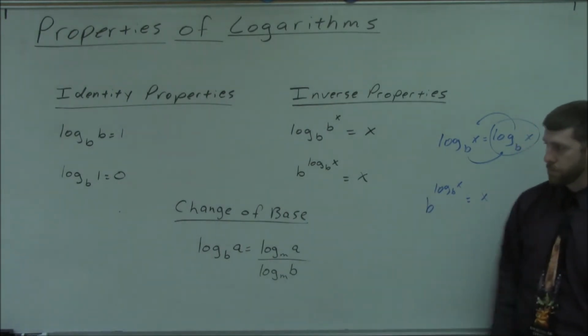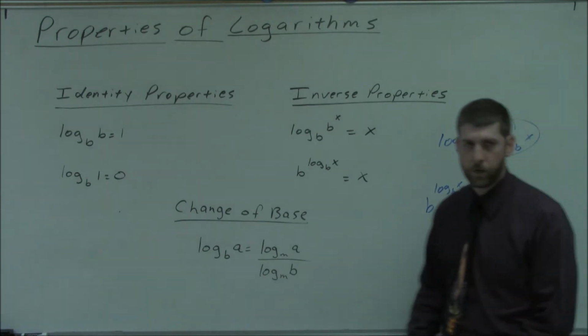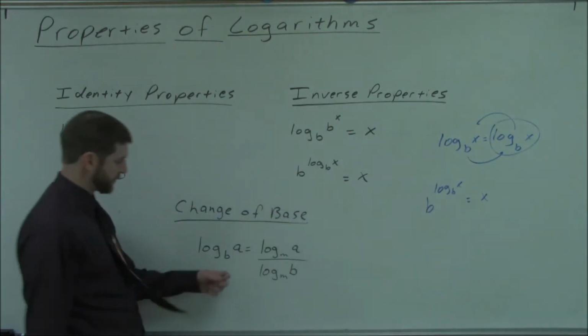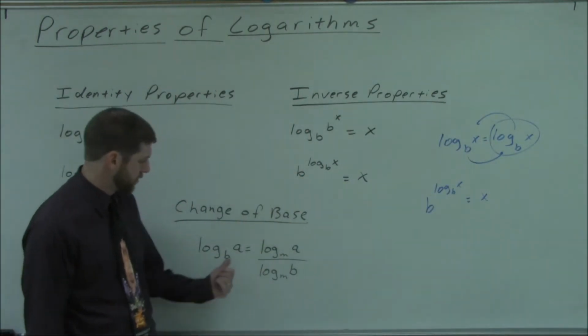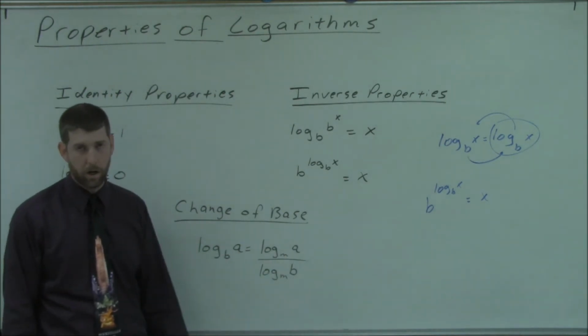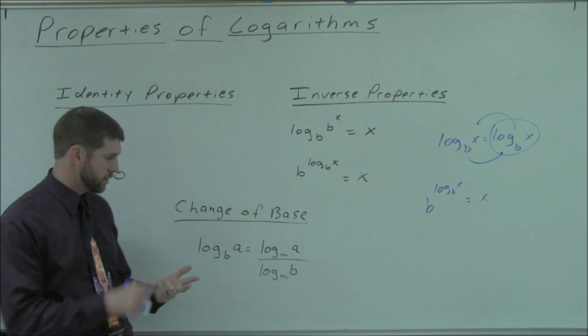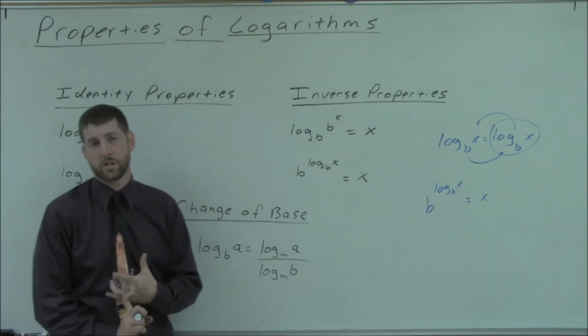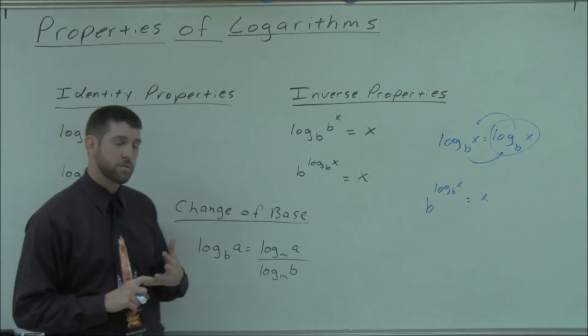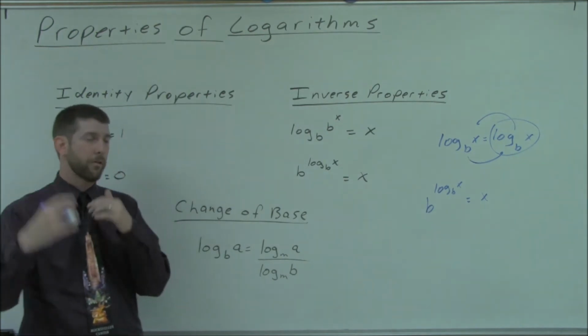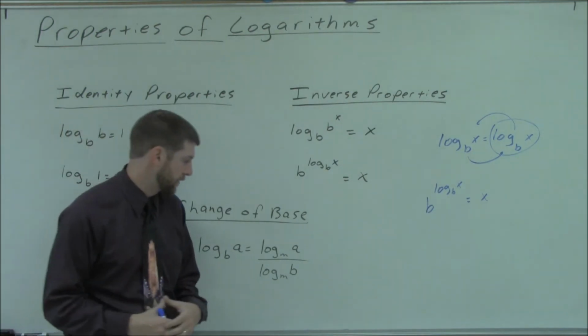Another very nice property is the change of base formula we have down here. What it says is, if I don't like this base right here, I can make it whatever I want. Maybe I want it to be e, to work with natural logs. Maybe I want it to be base 10, so I can punch these into the calculator. Maybe I just want to make it a nicer base that they both have in common so that I can evaluate.